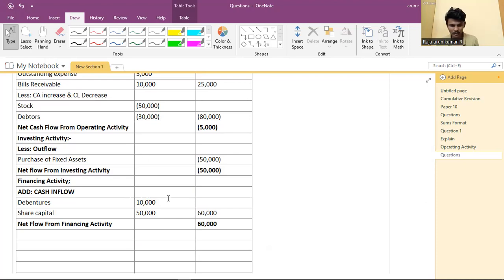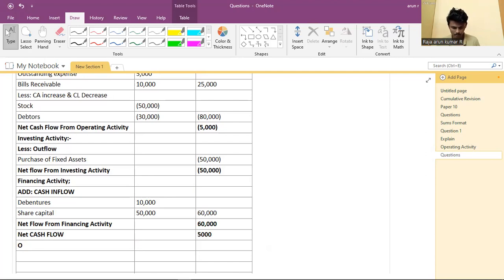Here we come to the conclusion: net cash flow. Add all the operating activity, investing activity and financing activity. Minus 55,000 plus 60,000, it will be added as 5,000.